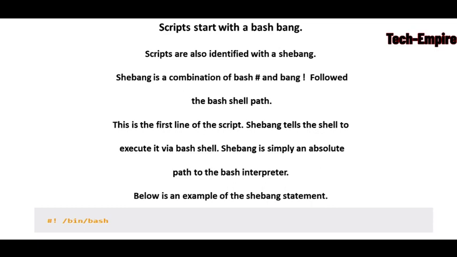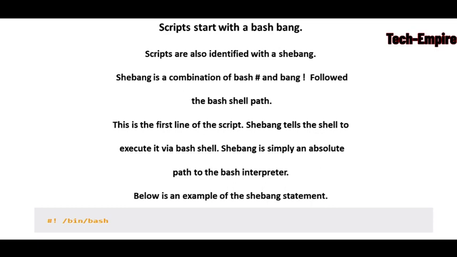Now, a script starts with a shebang. It's a must. I'll try to prove that to us, that we must put a shebang whenever we want to write our bash script. Scripts are identified with a shebang.